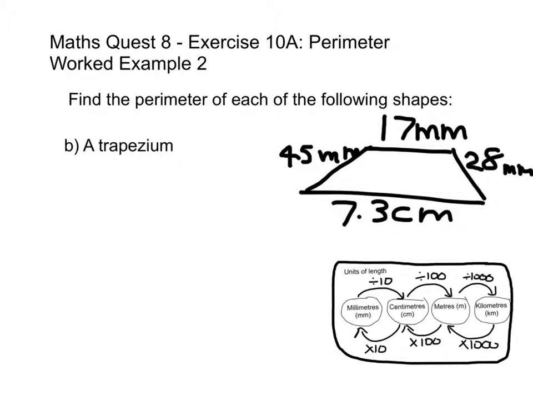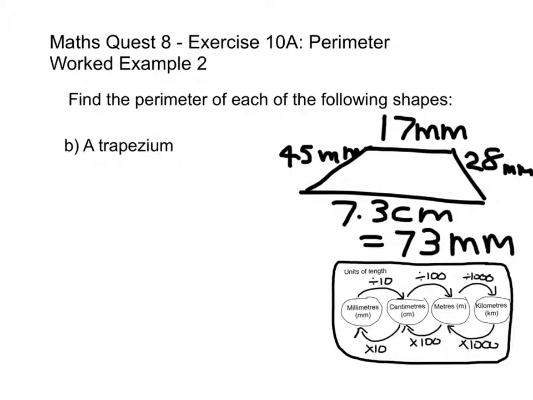So remember our picture we talked about before, our conversion diagram? So we're going to use that to convert 7.3 centimeters to millimeters. So if we're going from centimeters to millimeters, we need to multiply by 10. So I can just do that one in my head. 7.3 centimeters is the same as 73 millimeters.